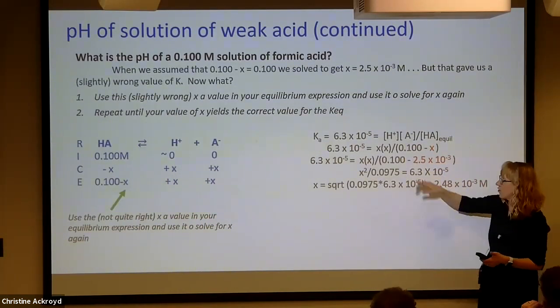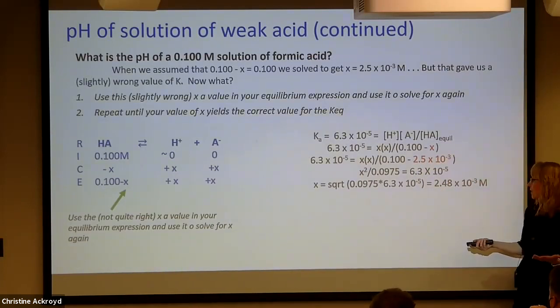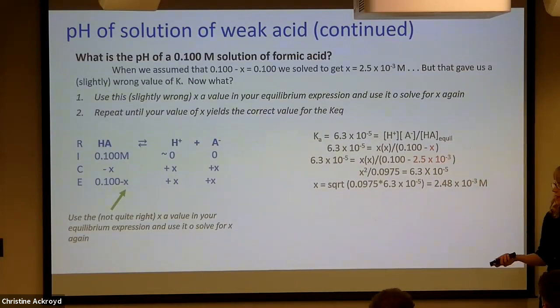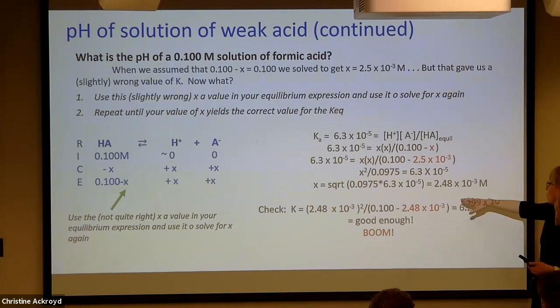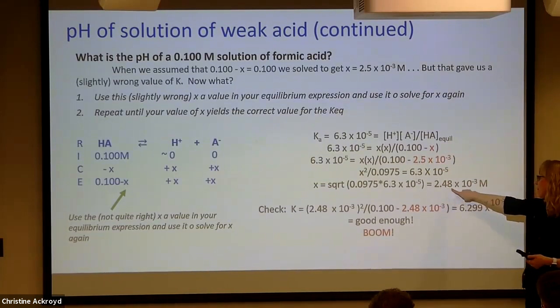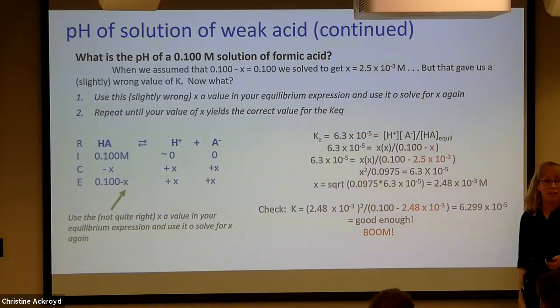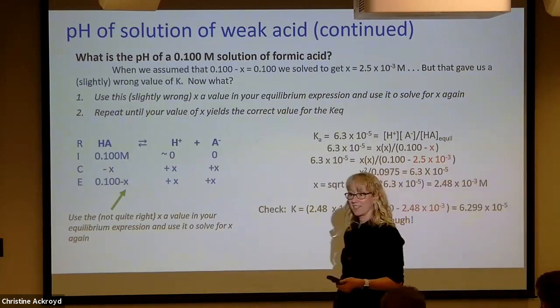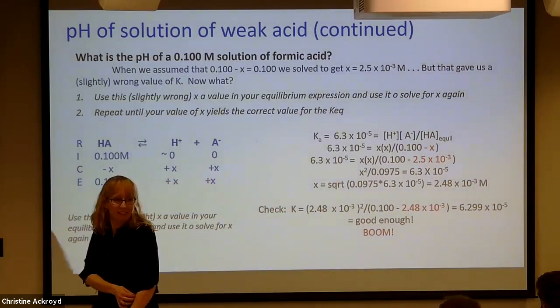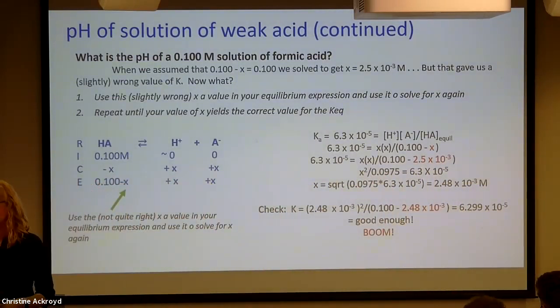Then resolve for the x in the numerator. Now it's pretty easy. And when you solve for that, you get what, 4 times 10 to the minus 30. You can plug that into your K expression. That's way easier than the quadratic formula.